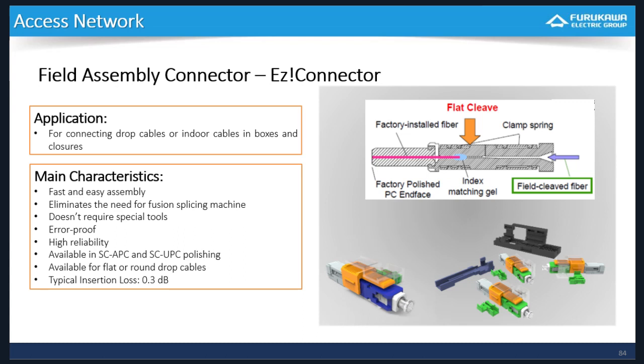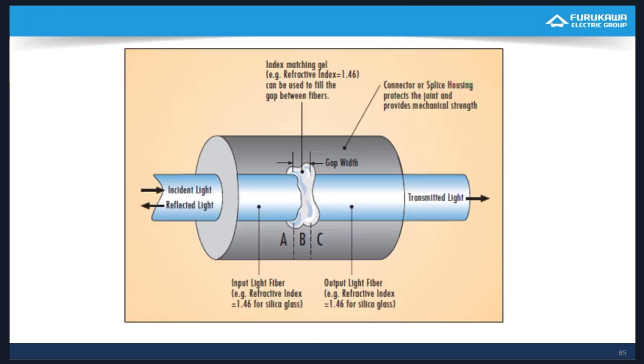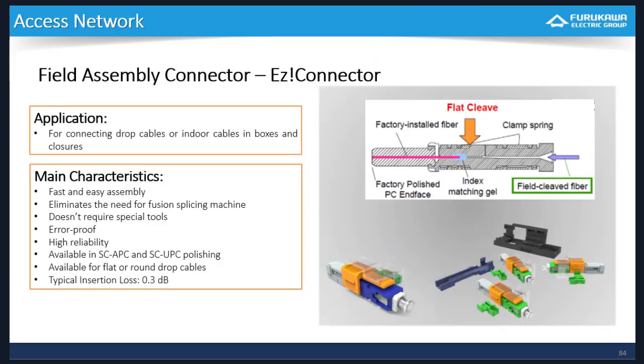It has a very unique and different gel inside, which allows it to sustain vibration and temperature changes, because we are talking about a connector that is going to be in an outside box. The technology involved is much different from a regular patch cord. So those connectors are really, really special in terms of technology.